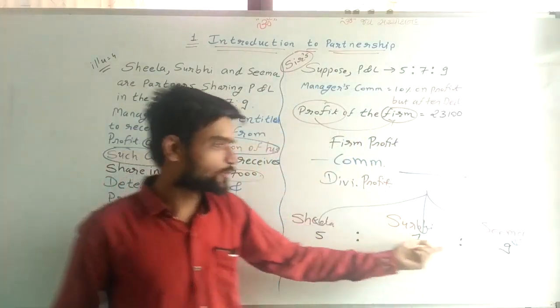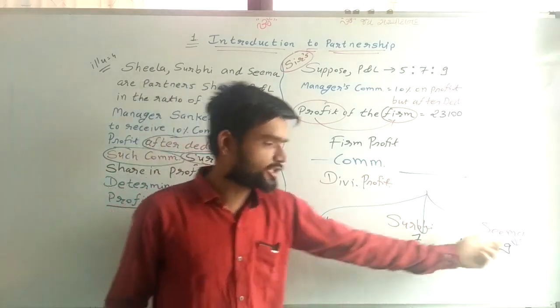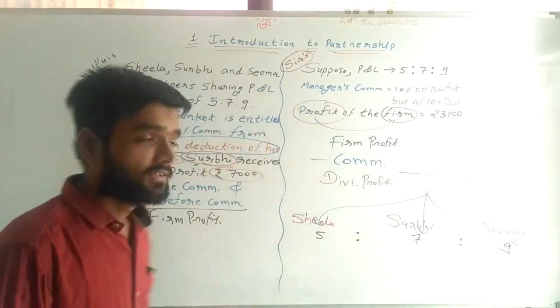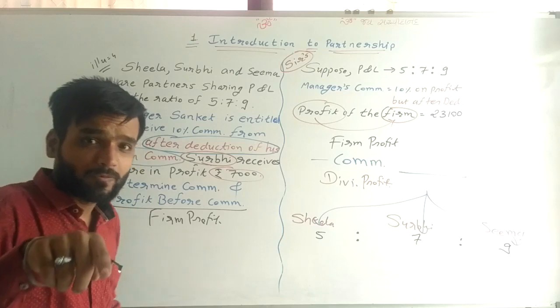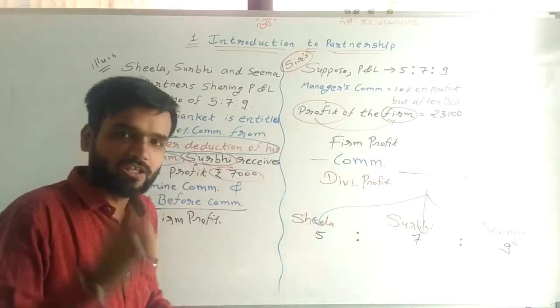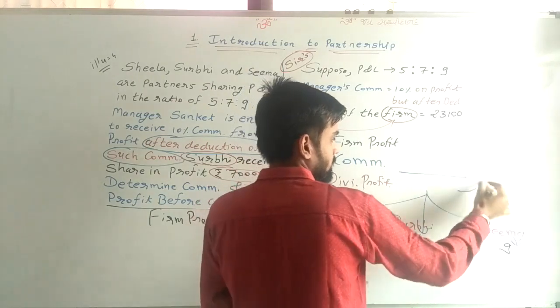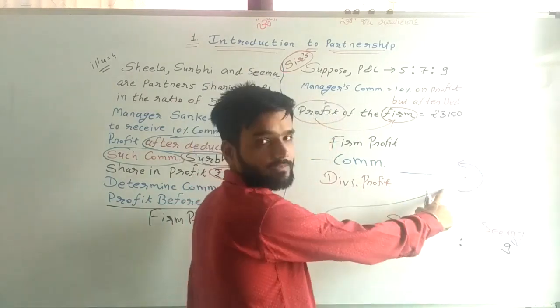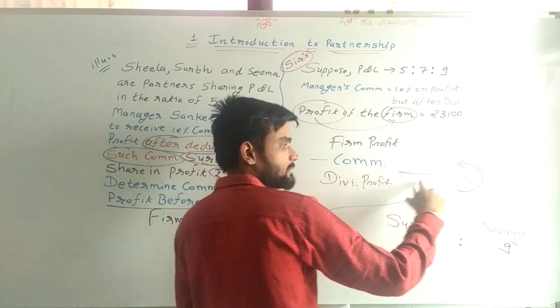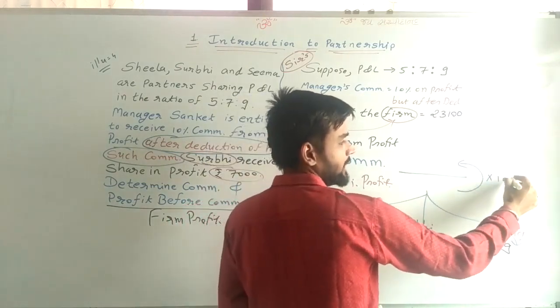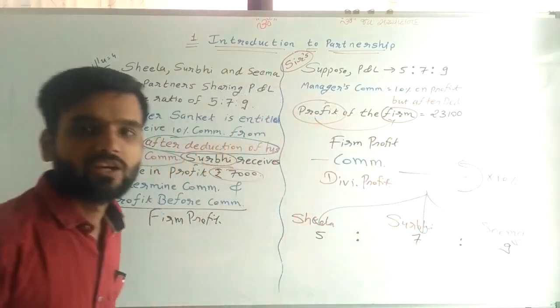So Sheila, Surbhi and Seema are partners. Their P&L ratio I have written here. Now if we have divisible profit, then we can directly find commission from this divisible profit. Because divisible profit into 10% is my commission.